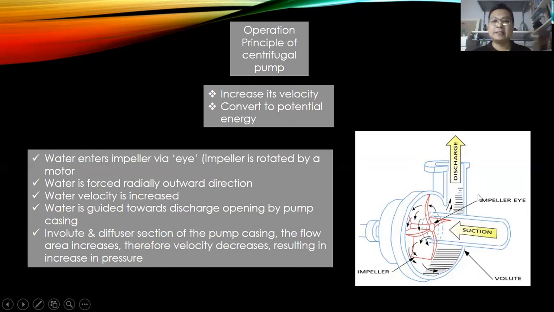So by increasing the pressure, actually the velocity will decrease. For illustration, we can describe a condition like the highway.